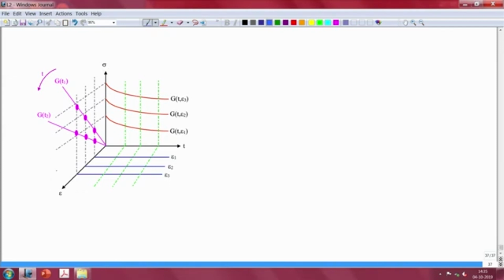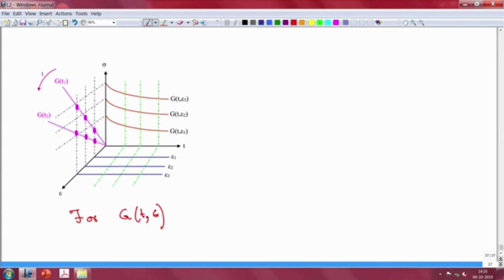Obviously, you have more than 3 points. That is just for simplicity, otherwise the figure becomes too crowded. But 3 points are not enough to determine a straight line, so you need more points there. If linearity does not hold, then you will not get these straight lines. So, this is for G of t comma epsilon.